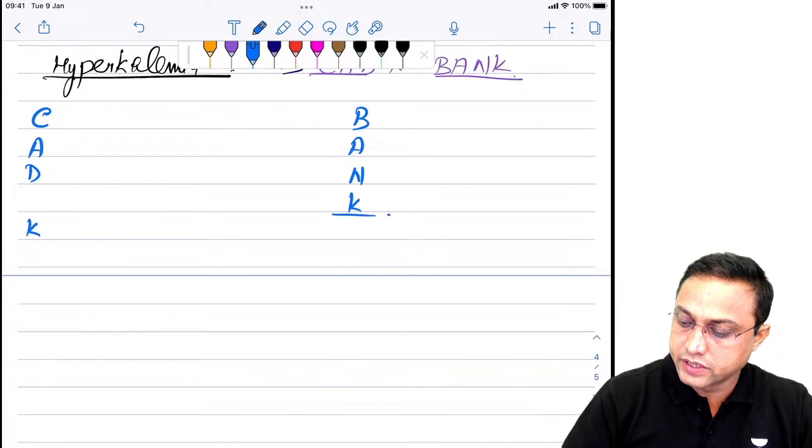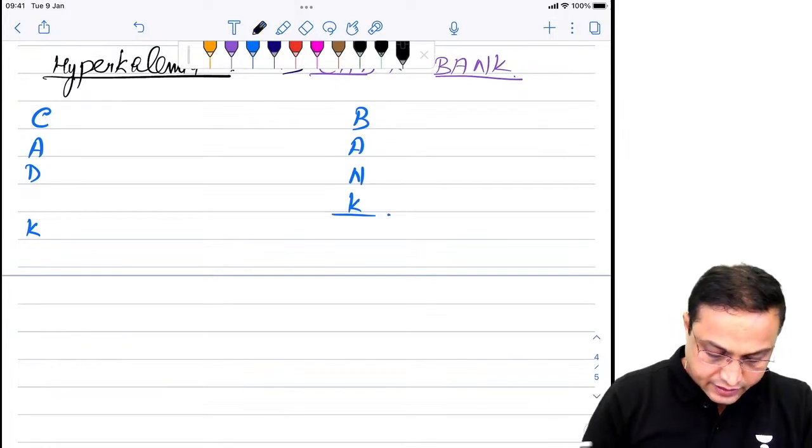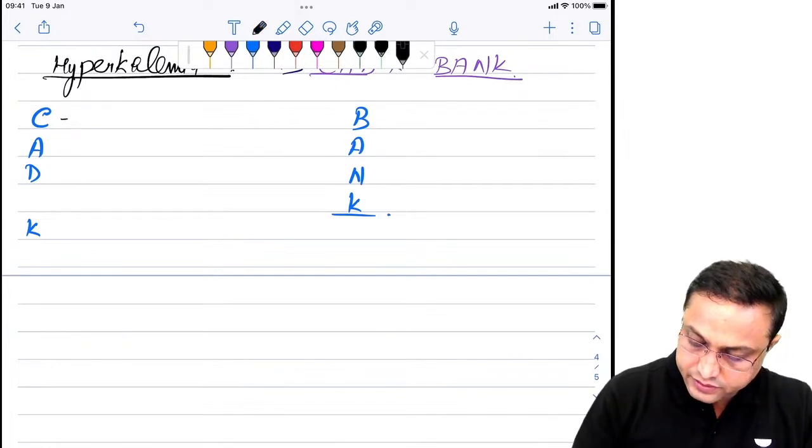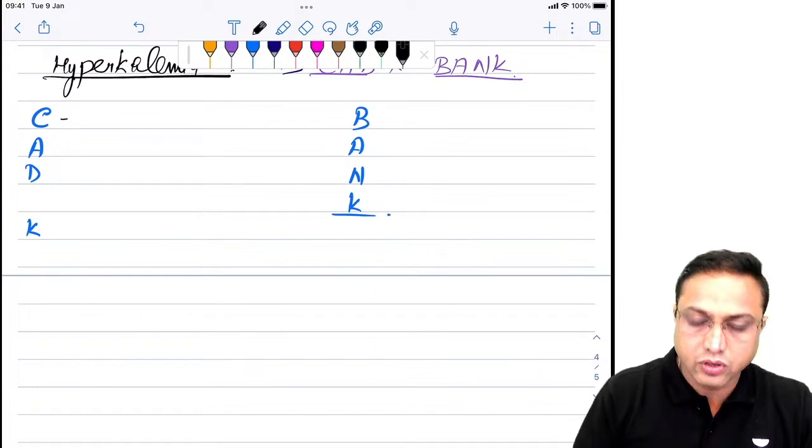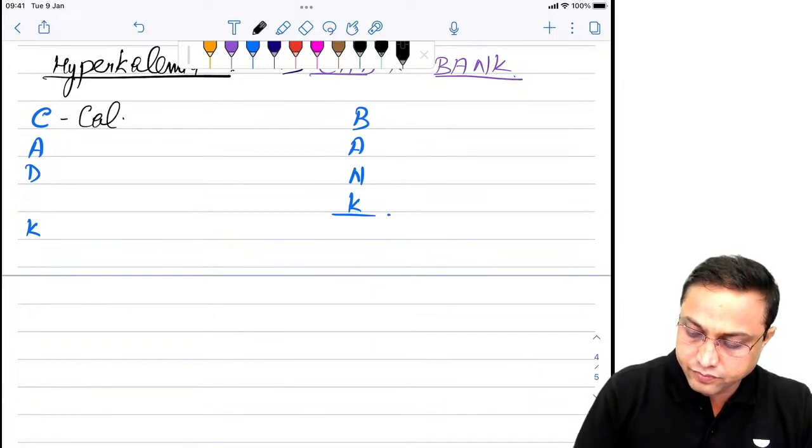This is the mnemonic CADK bank. C is first of all calcineurin inhibitors.